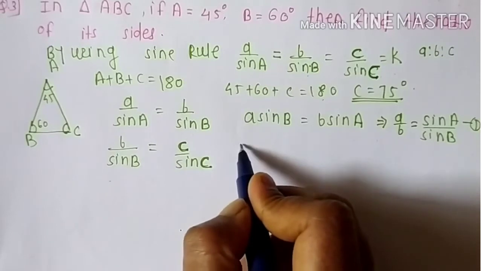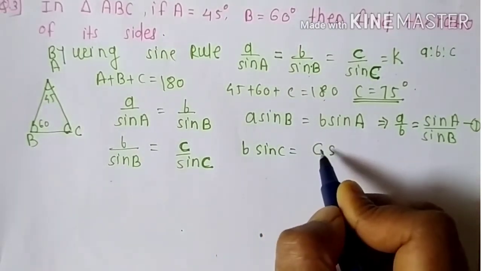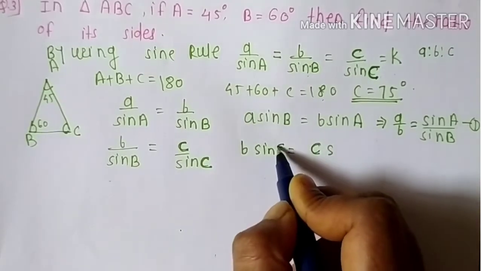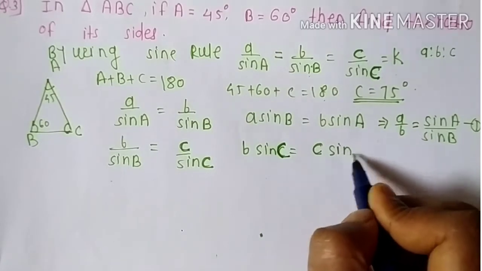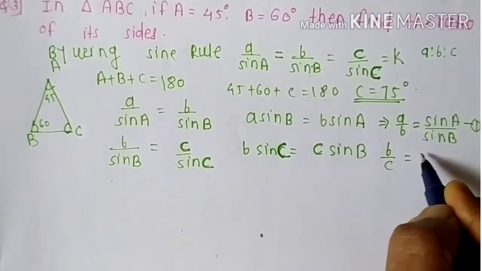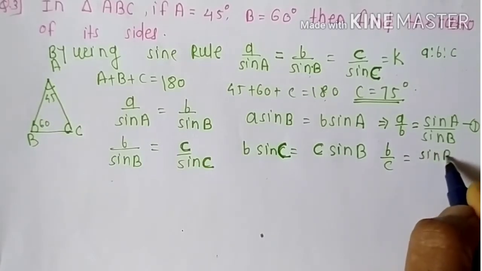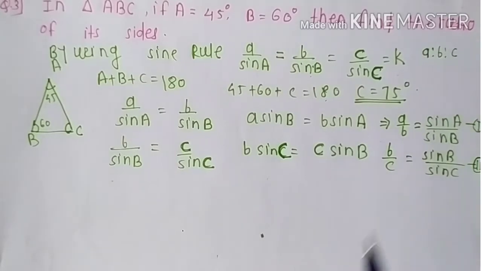From here we get b into sin C is equal to c into sin B. Applying the same process, we get b upon c is equal to sin B divided by sin C. We call this equation 2.